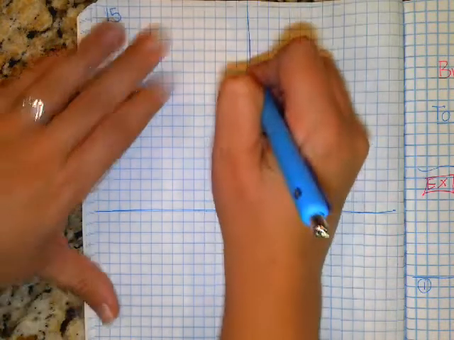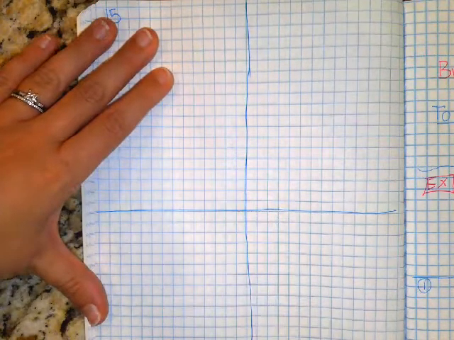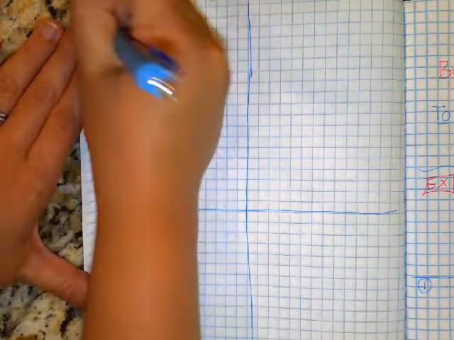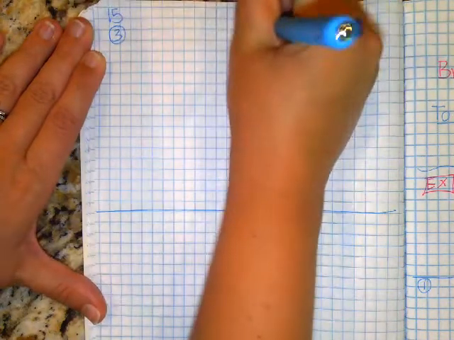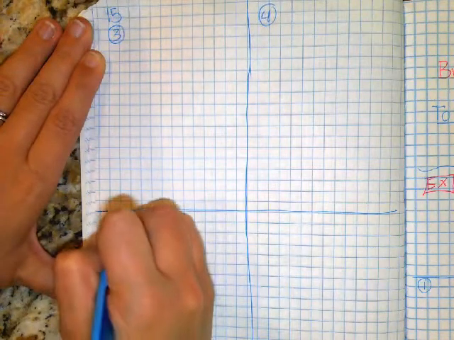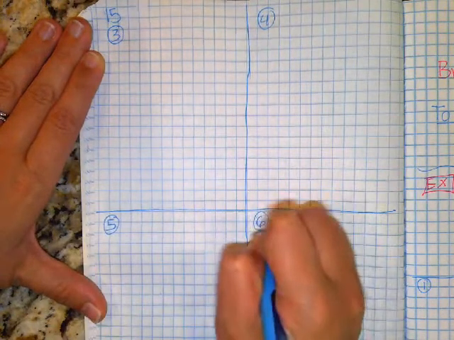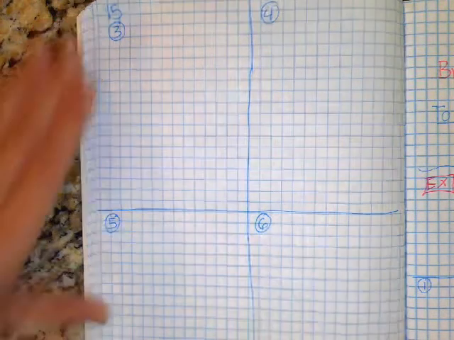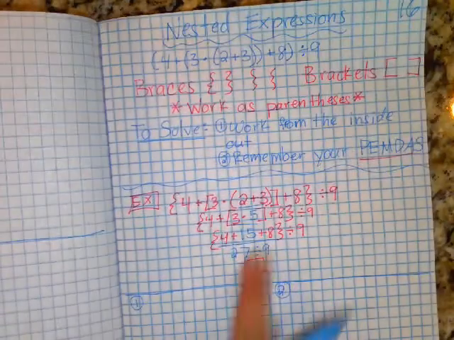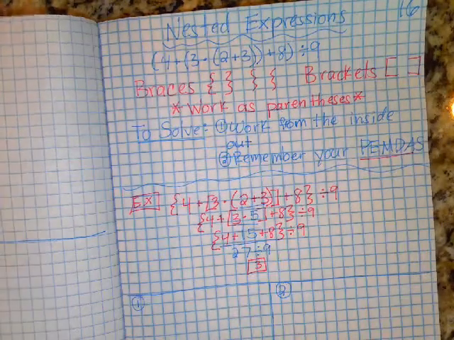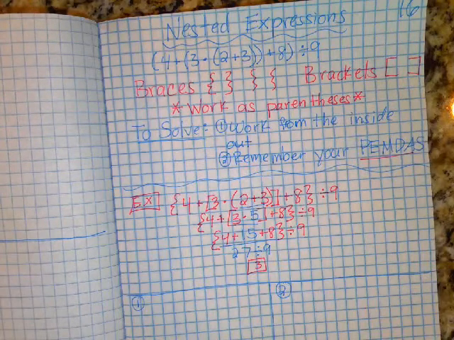So it's 6 total. 2 on page 16 and 4 on page 15. So 1, 2, this is 3, 4, 5, and 6. And as you can see from the one we did together, they get pretty lengthy. So make sure that you utilize your space. Hit next and start with your examples.